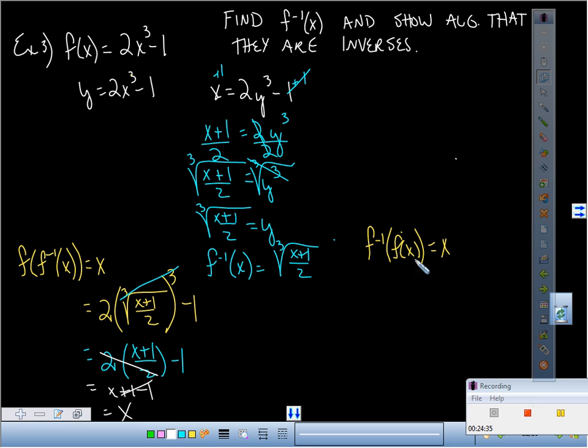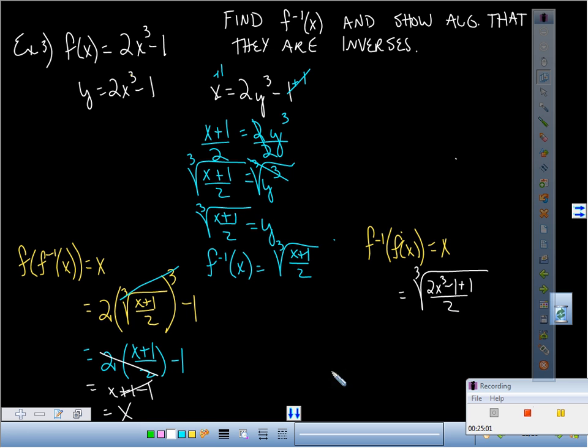On this one over here, I'm going to plug this function into this function. So he looks like this. The cube root of, there's my x, that's what I'm plugging in. So 2x to the third minus 1 plus 1, divided by 2.